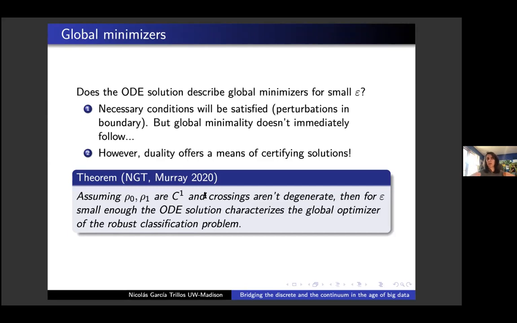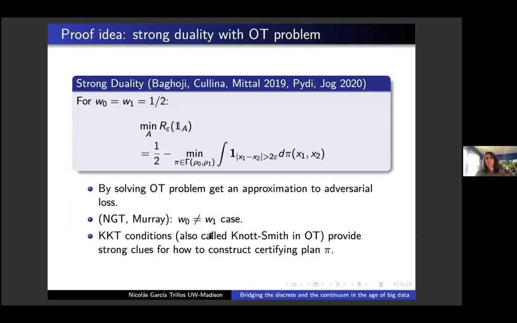The bottom line is that at least for epsilon small enough, in our paper we do not say how small it is, but one can say something about that in terms of higher derivatives of rho 0, rho 1, etc. But the point is that you have the guarantee that at least for some time, just by evolving these ODEs, you will be able to produce global solutions to the robust classification problem, okay? How do we do this?